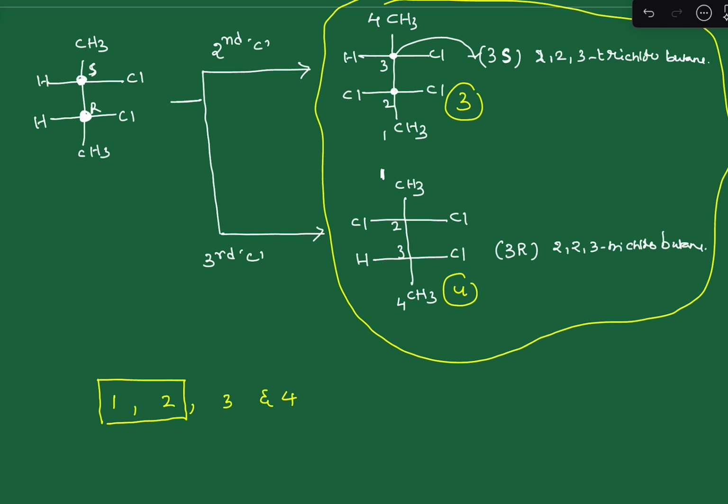They boil at the same temperature. 3 and 4 also are enantiomers. They also have the same boiling point. When this mixture is subjected to fractional distillation, since these two compounds have the same boiling point, they will be evaporating at the same temperature.